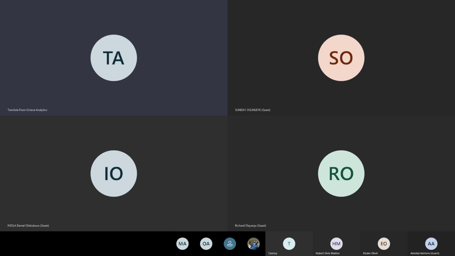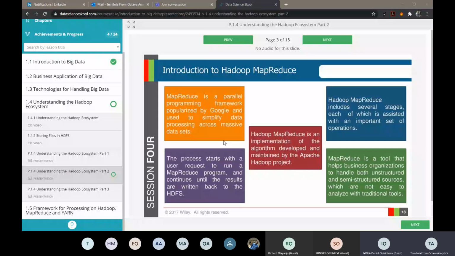Can you all see my screen now? No, I can't. Who cannot see my screen? If you can't see my screen, please let me know.